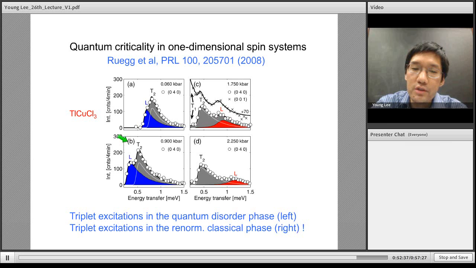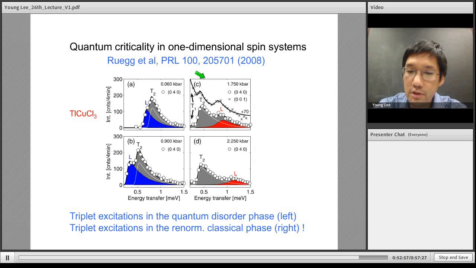Now what's interesting is the right plots, C and D. These are at pressures above the critical pressure. So now you're in this magnetically ordered state where you expect to have your spin waves. You normally expect there to be this gapless spin wave.